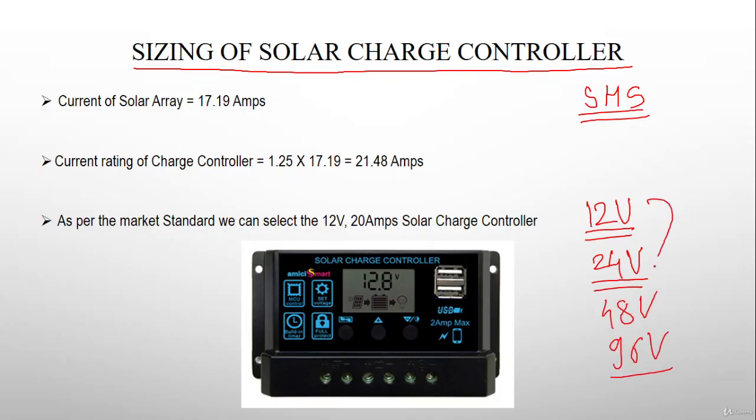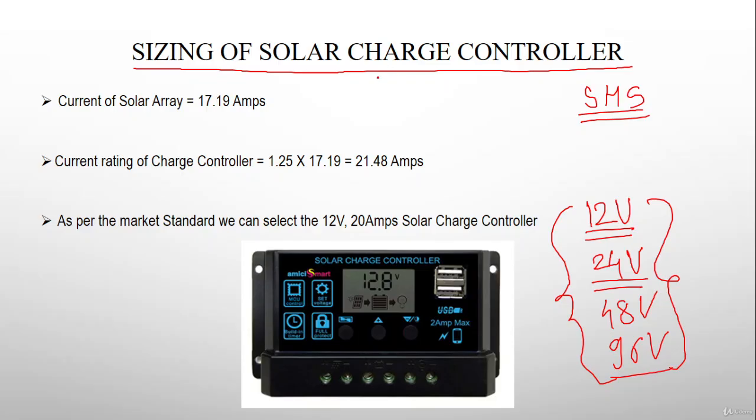So the voltage of the solar charge controller is in multiples of 12 volt. It is also called the battery bank rating, or the system voltage. In those terms also, the manufacturer gives the voltage rating of the solar charge controller.